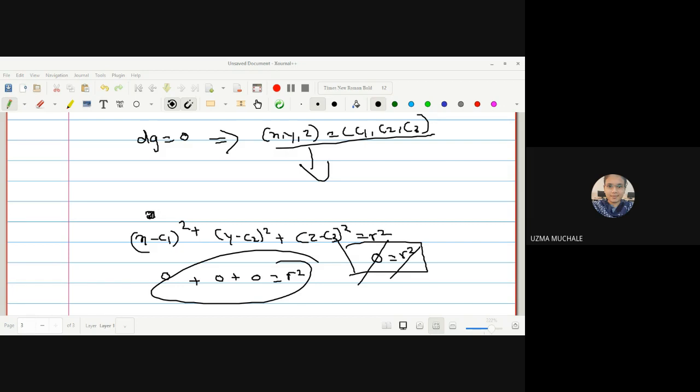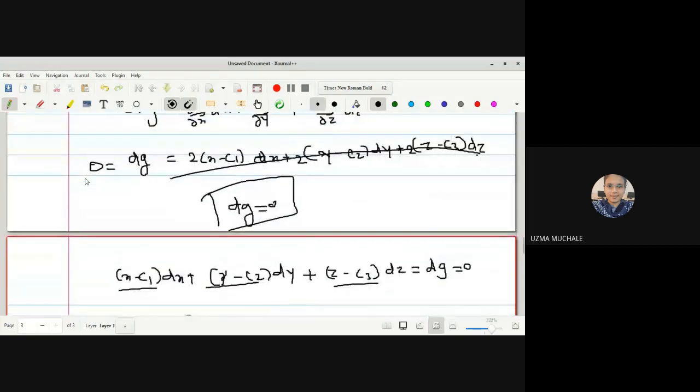The point (x, y, z) equal to (c1, c2, c3) is the center of the sphere, and hence dg is not equal to 0 for any point on the sphere, since it is not at the center of the sphere. So hence, by the theorem which we have seen just now, we can say that this is an example of a surface. So no need to check all points. What you need to do is first find out dg. After finding dg, equate it to 0.